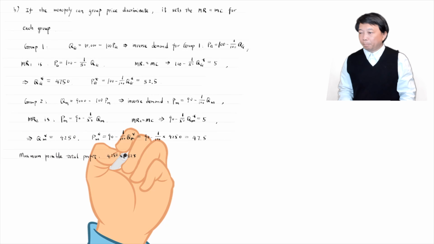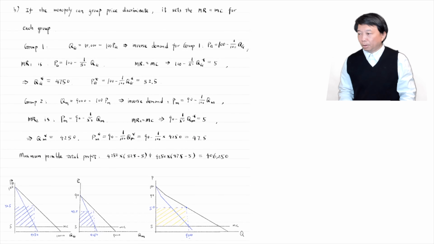The maximum possible profit when there is no fixed cost is 406,250. It is larger than that in the uniform pricing monopoly case.